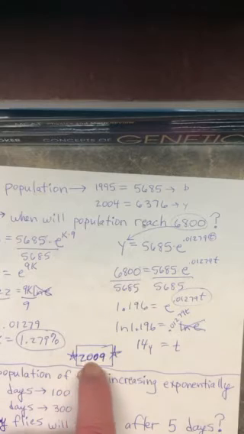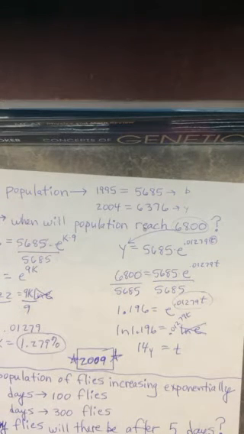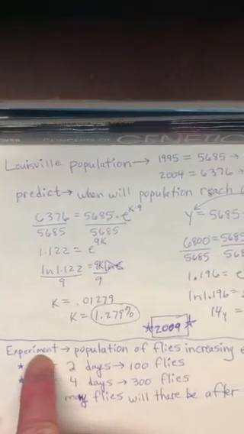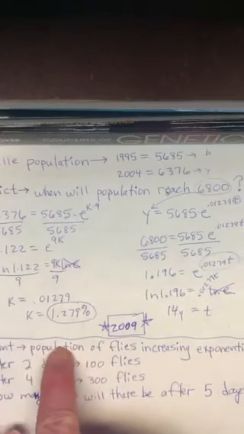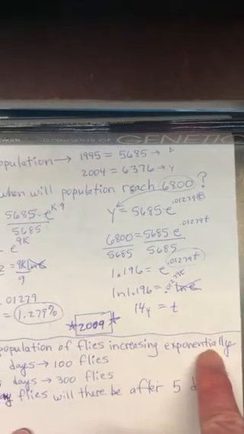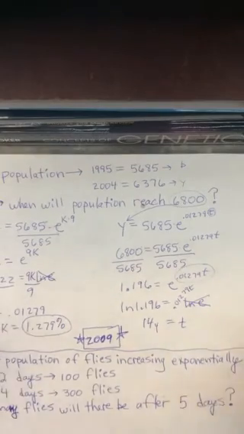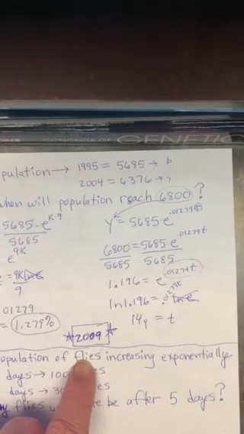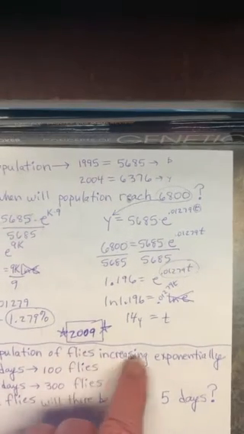And then finally, just to show you how you could set up something a little more challenging, if we go to my last question, I've got an experiment, and the population of flies is increasing at an exponential rate. So just a note, we were doing, in the experiment, the population of flies was being studied, and it's increasing exponentially.